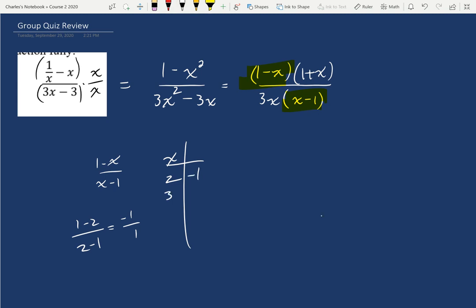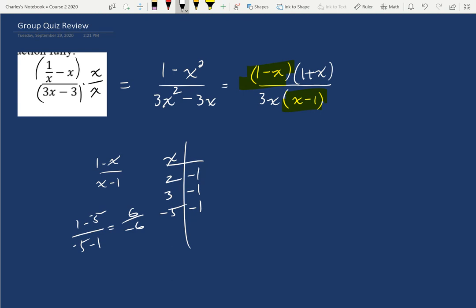If I plug in 3, I'm going to get 1 minus 3 over 3 minus 1, which is negative 2 over 2. And so the answer is negative 1. If I plug in negative 5, I'm going to get 1 minus negative 5 over negative 5 minus 1, which is 6 over negative 6, which is negative 1.